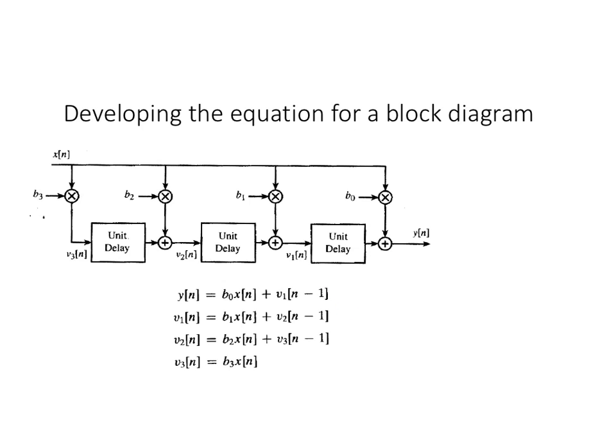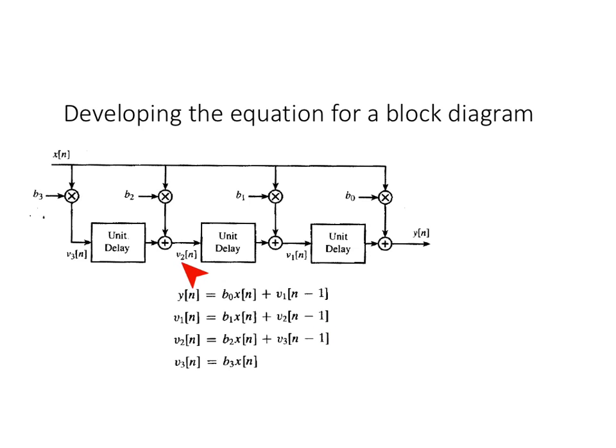The second equation is the output of this adder here. The two things coming into that adder are b1 times x n, that's coming across the top here, and the output of this unit delay, which is v2 delayed by 1. So that's this part of that equation.